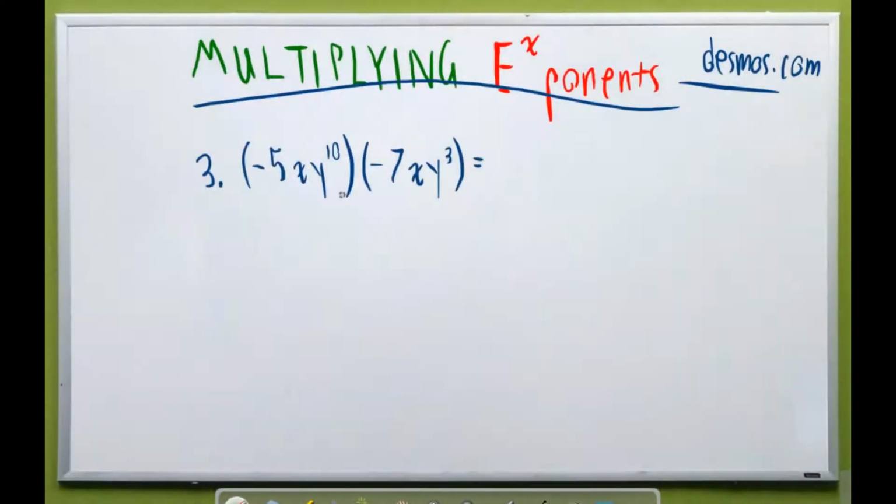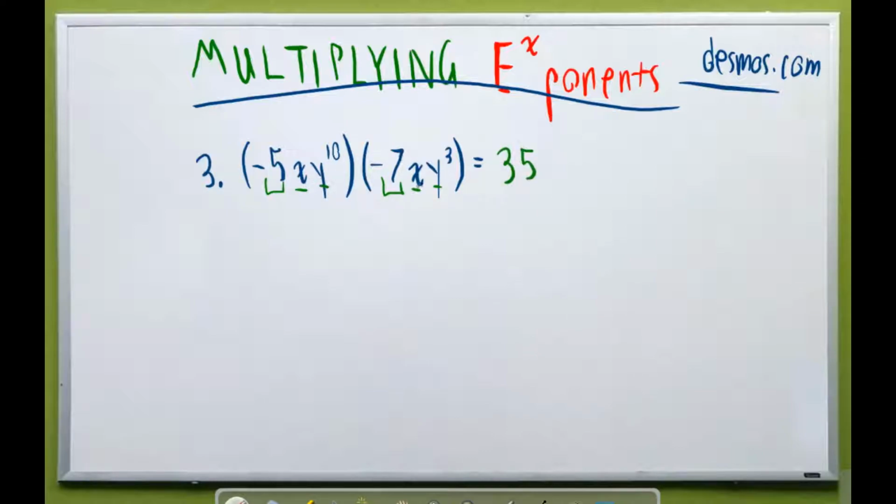In this third problem, notice we have two variables in each of the parts that we're multiplying. We have an x and a y instead of just an x or just a y. So, as usual, the first thing we're going to do is multiply our coefficients. So negative 5 times negative 7 is positive 35.